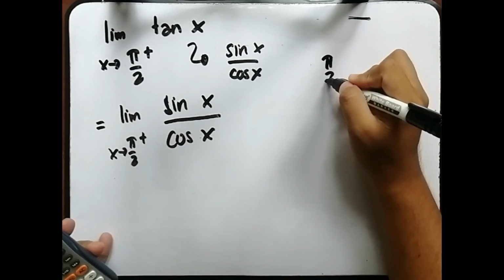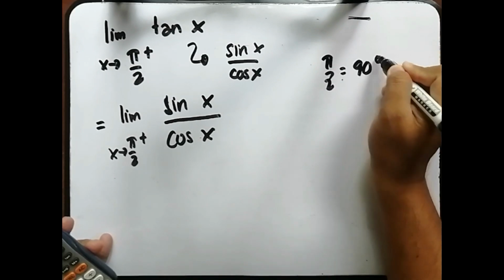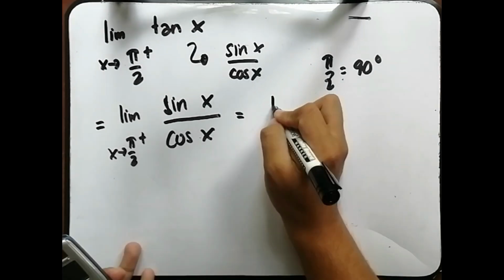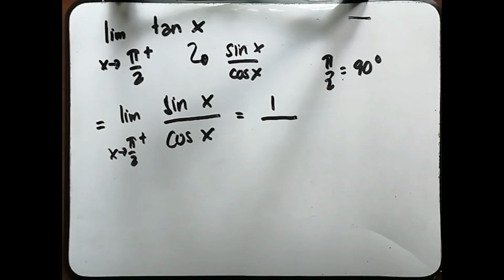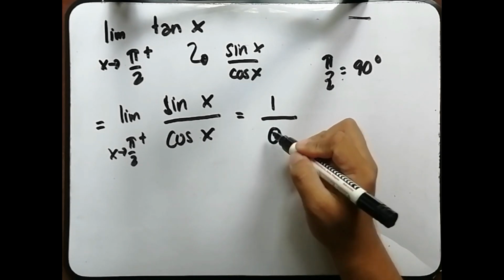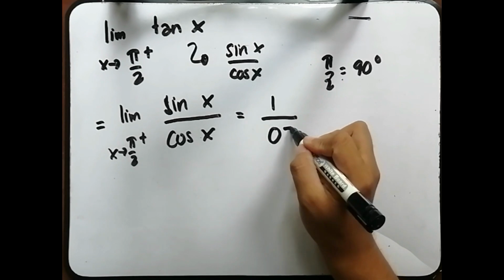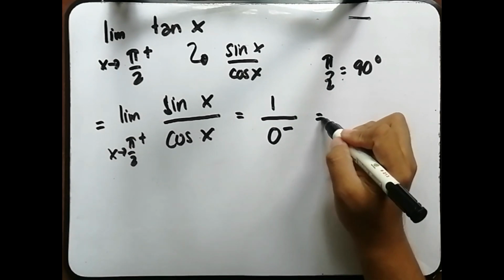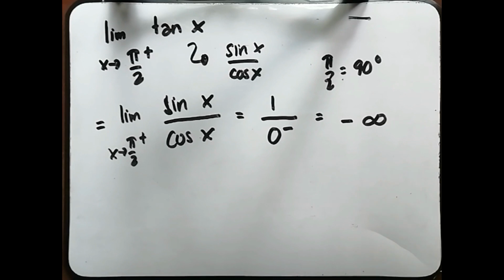Note that pi over 2 is equal to 90 degrees. So sine 90 degrees is 1 over cosine 90 degrees is equal to 0 from the left. Okay? So pwede yung i-check yan. Therefore, the answer is negative infinity.